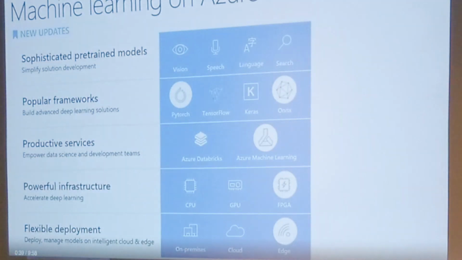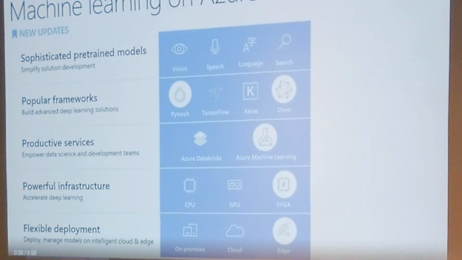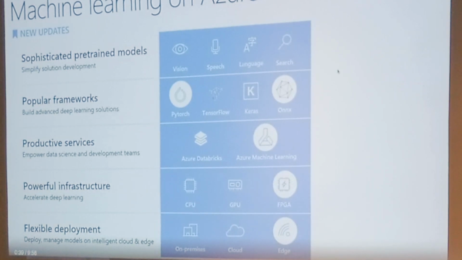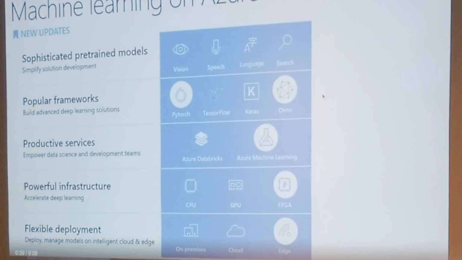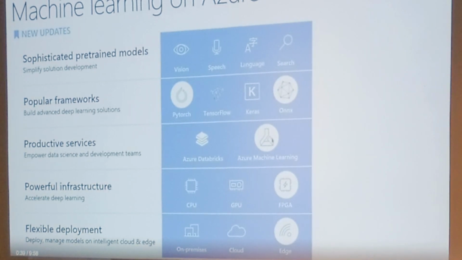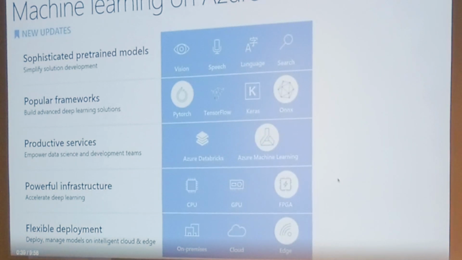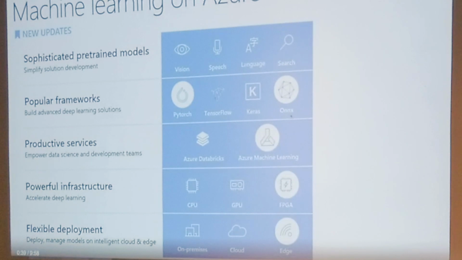So I know someone really likes fancy graphs, so I will share an update on Azure machine learning that you could have a look at. For example, if you are a real beginner, you start with the API, and then as you get more experience, maybe you use Azure Machine Learning Studio, then you feel more confident to use PyTorch, Keras, ONNX, which is the one that I mentioned about.